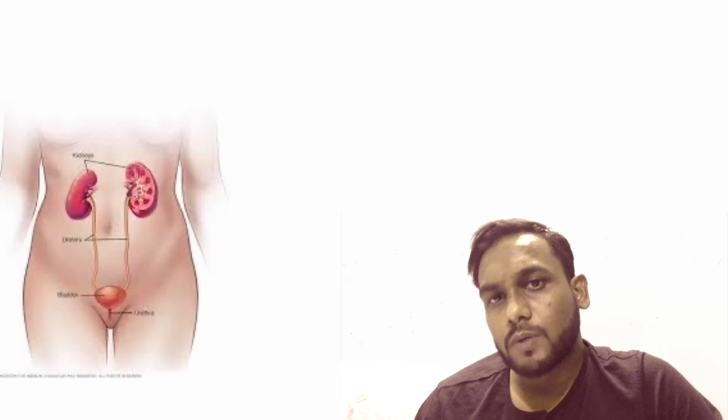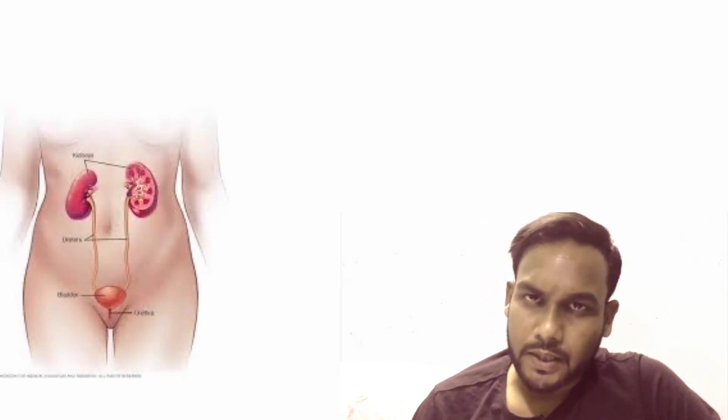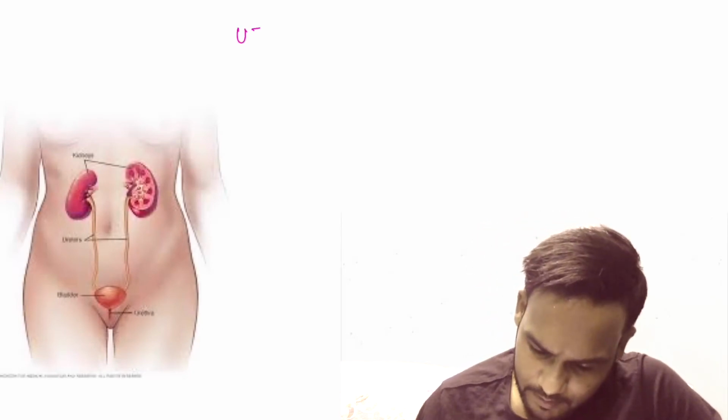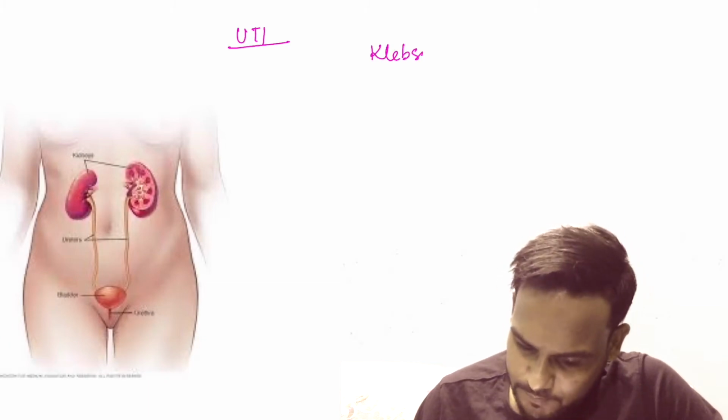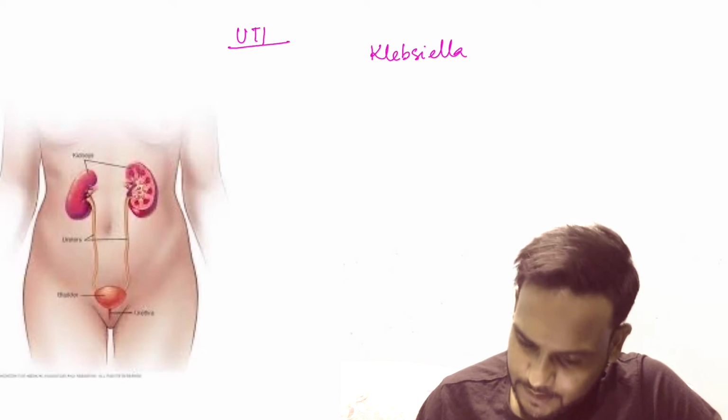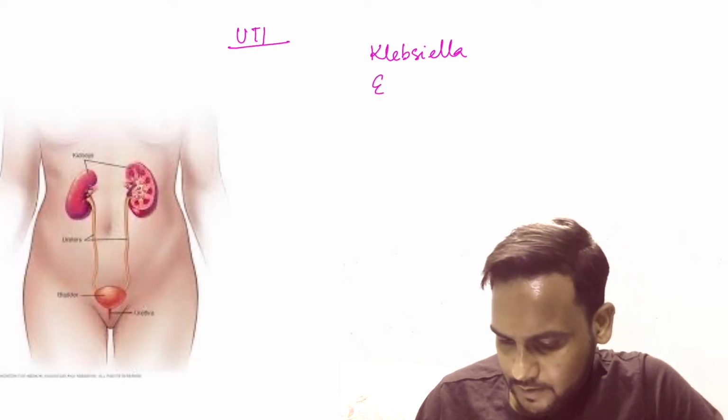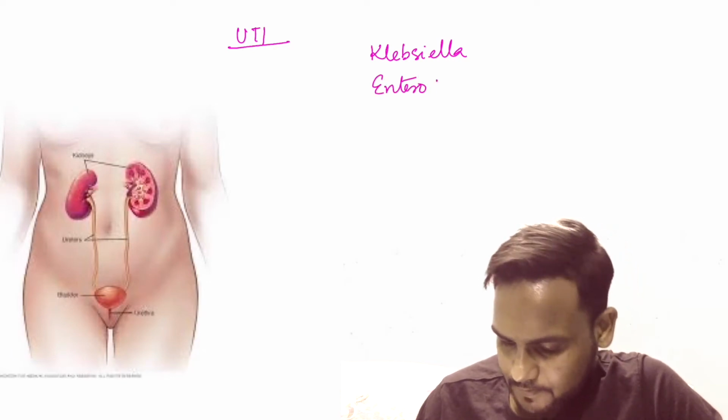Now we will see the common etiological agents in UTI and the risk factors. Klebsiella is a very common etiological agent, and then Enterococcus.